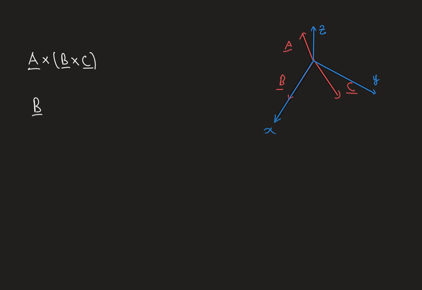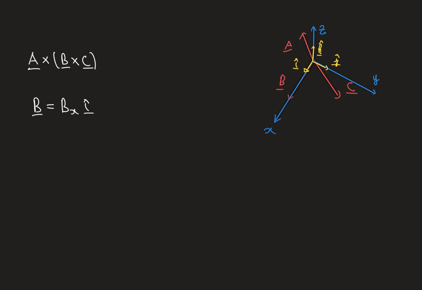So since vector b lies directly on the x-axis, it will only have a component in the i hat direction. And i hat is essentially the unit vector associated with the x-axis. I've drawn out the unit vectors associated with each axis.